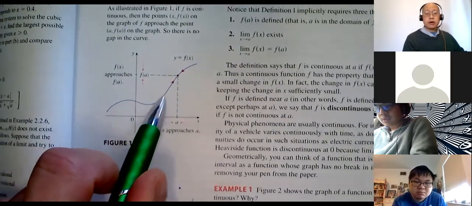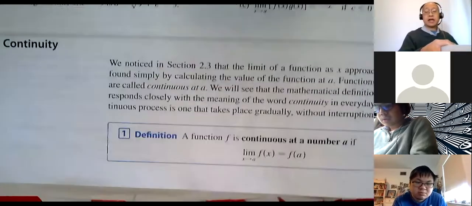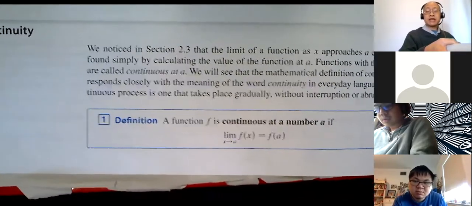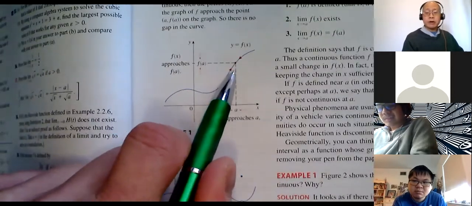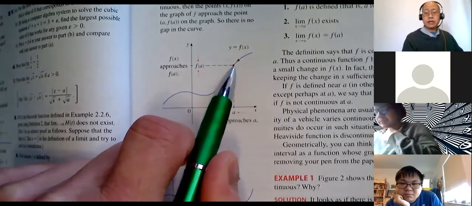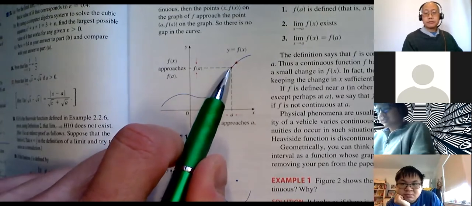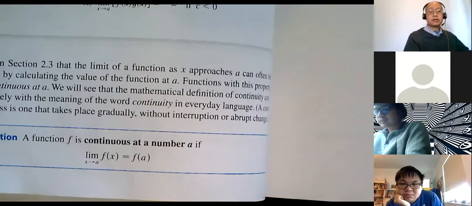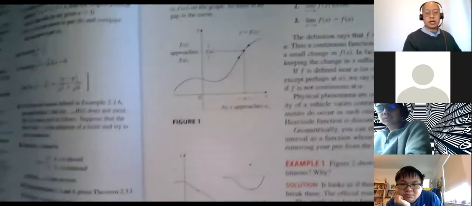When I get real close to a, the arrow is coming from the left and coming from the right. We have a two-sided limit, and it happens to match the function value itself. That's the right-hand side there.